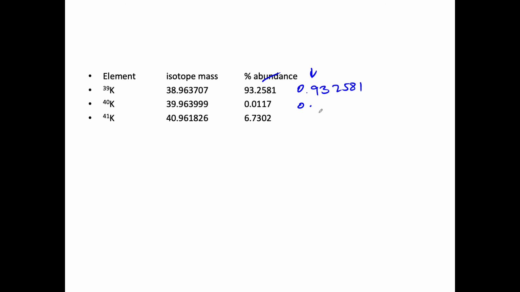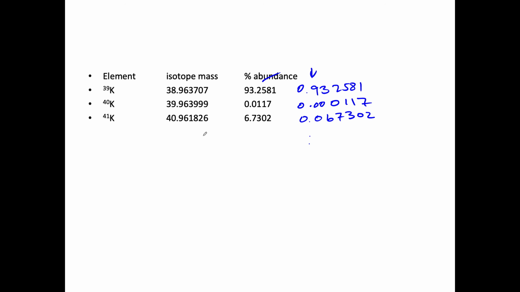All right, so 0.0117 is that divided by 100. So those are the relative abundances, not the percent abundances, of these 3 isotopes: 0.932581, 0.000117, and 0.067302.